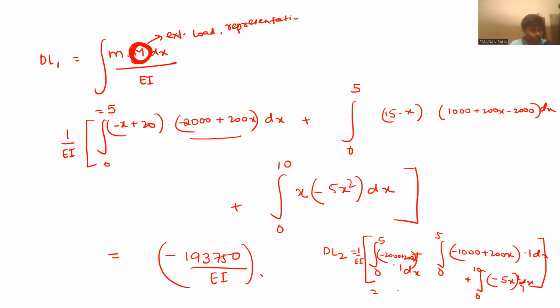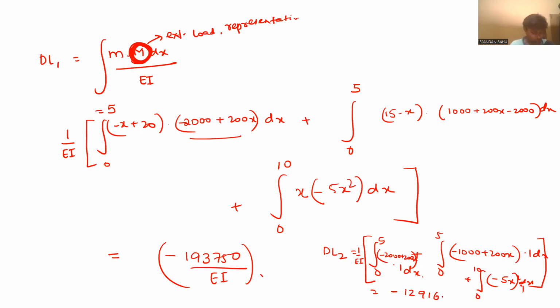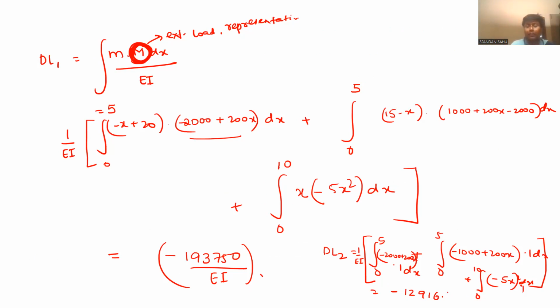So from here you will get DL2 as minus 12916.67 by EI.